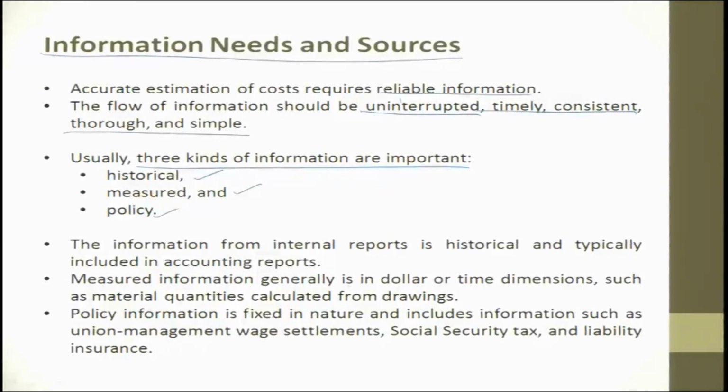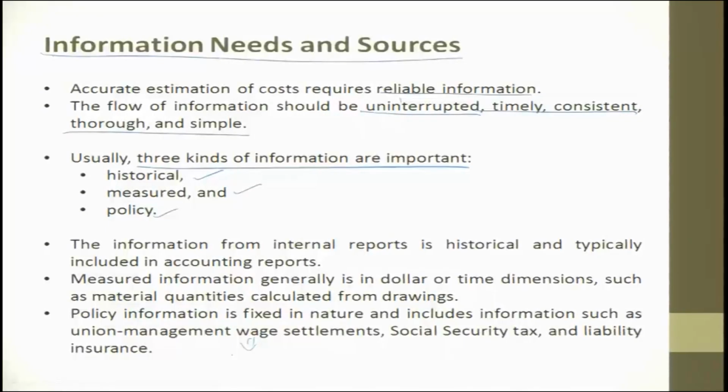Policy information is fixed in nature and includes information such as union management, wage settlement, social security tax, liability insurance, etc. For example, every year there is a government policy that revises the minimum wage for daily wage workers. In India two systems are followed: central government minimum wages and state government minimum wages.